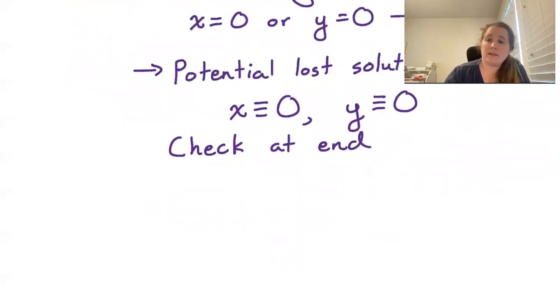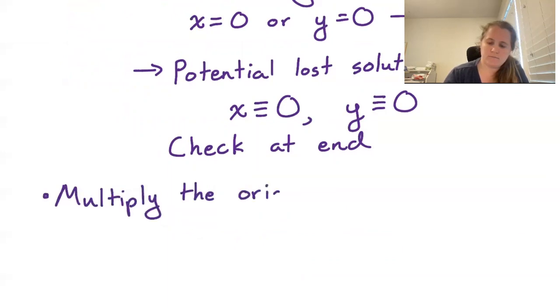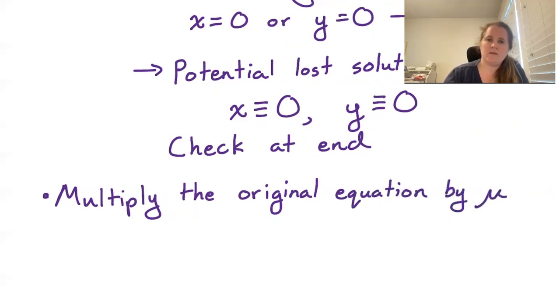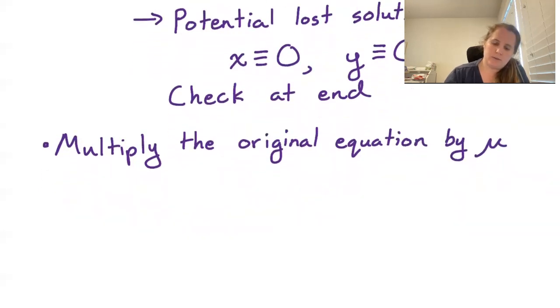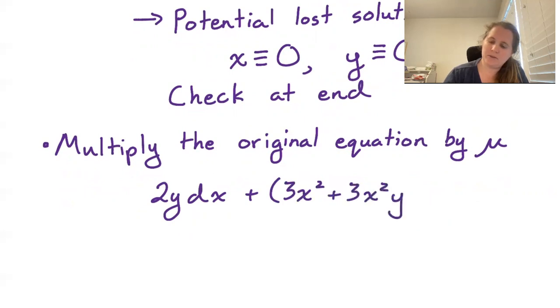All right, now let's go back to solving the problem. Let's multiply the original equation by the integrating factor, mu. So our original equation was 2y dx plus 3x squared plus 3x squared y cubed dy equals 0.